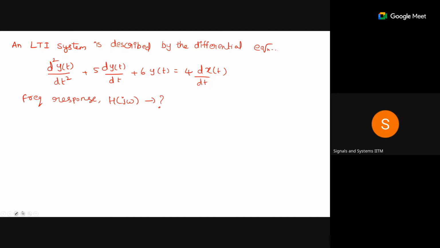Can anyone tell me how to do this? This is an easy problem. What is the Fourier transform of differentiation?